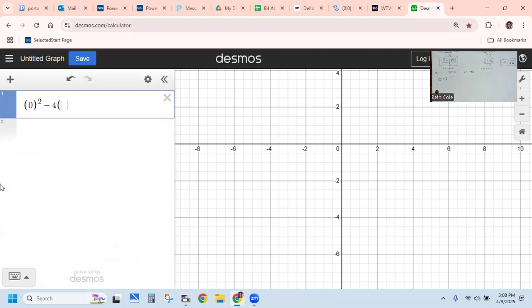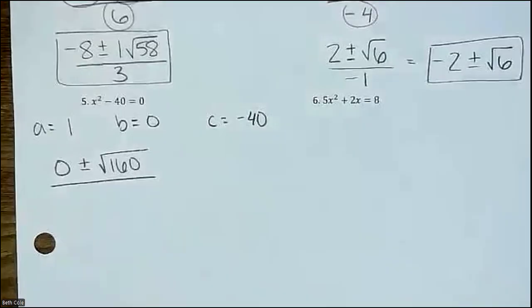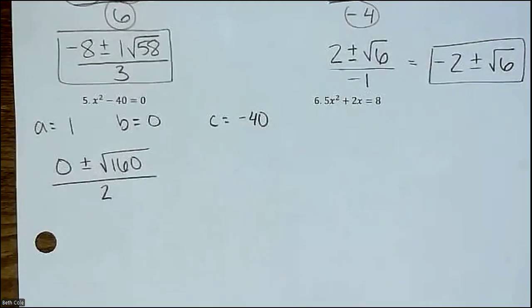Minus 4, what is A for us? 1, and then C is negative 40. Stop, 160. You're almost going to memorize it by accident just by doing it so many times. All right, and then it's over what? Good, 2A. 2 times 1 is just 2.